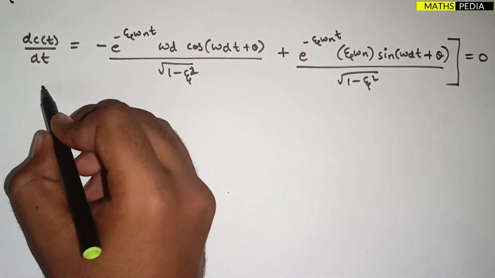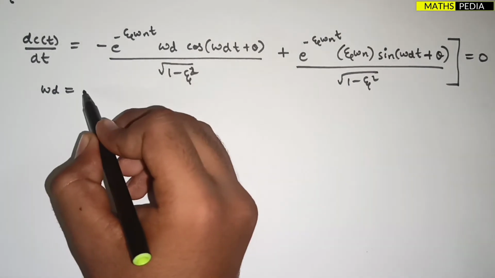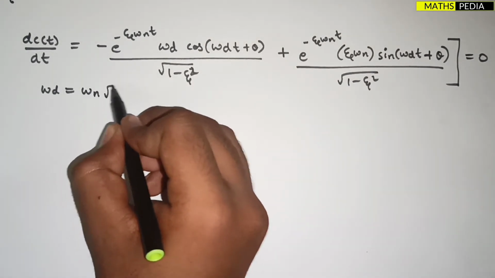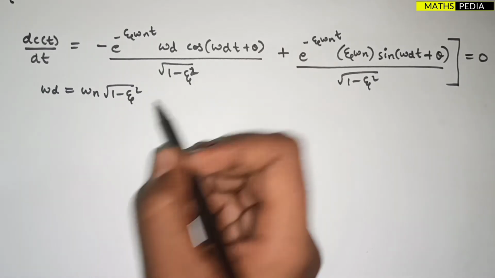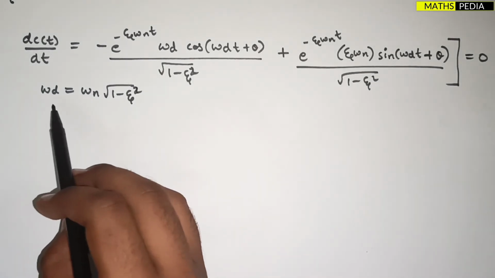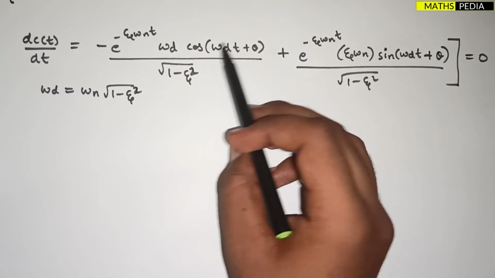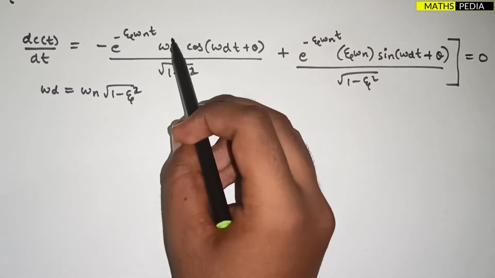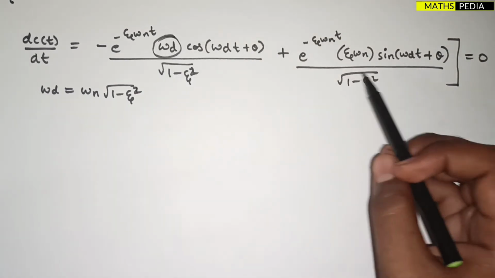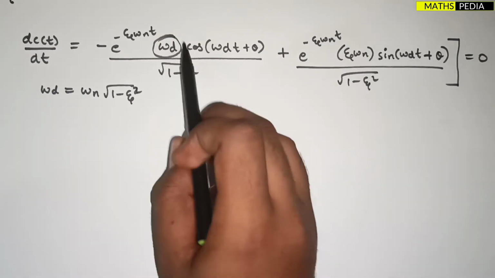substituting this omega d, as we know omega d is equal to omega n into square root of 1 minus zeta square. So we have to substitute wherever omega d is there, not in the angles. Remember, angle we cannot change, whereas in all terms you can see omega d is there, anywhere else not there. So okay, fine, we'll substitute here.